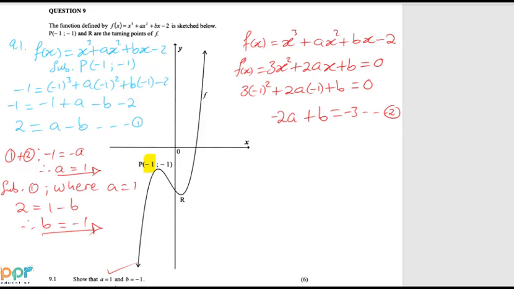That is how you show that a is 1 and b is minus 1, then you get all your 6 marks.